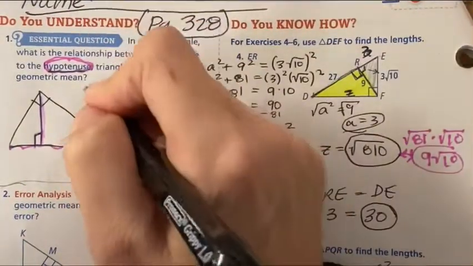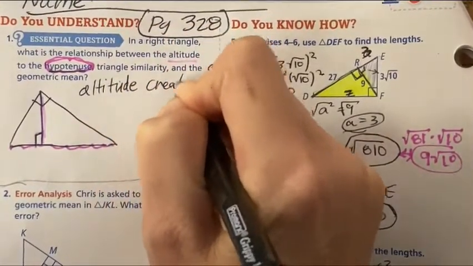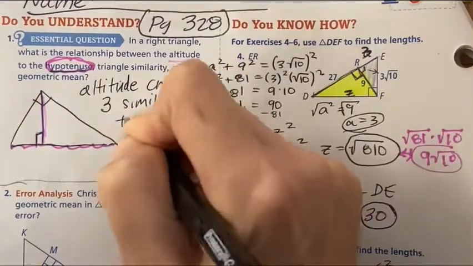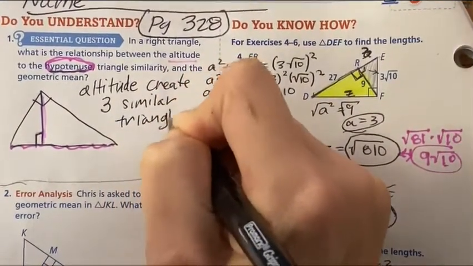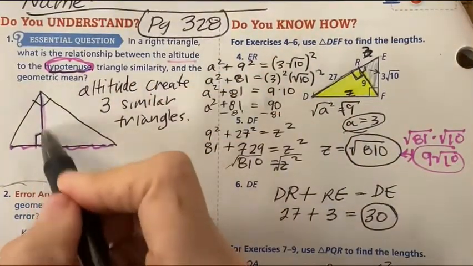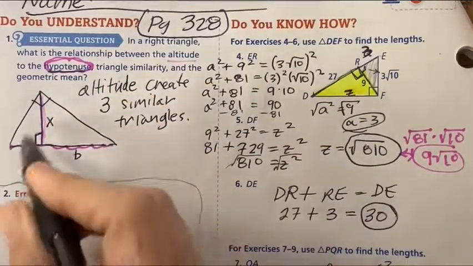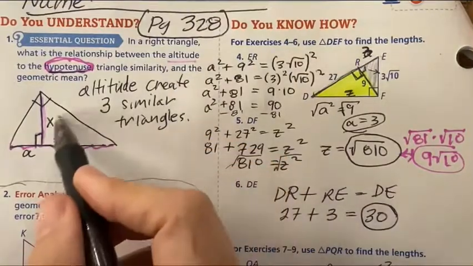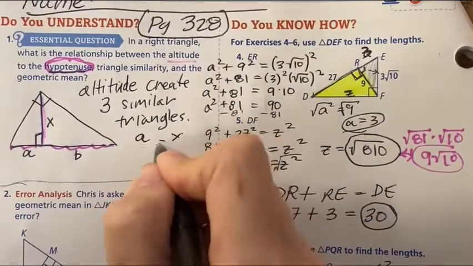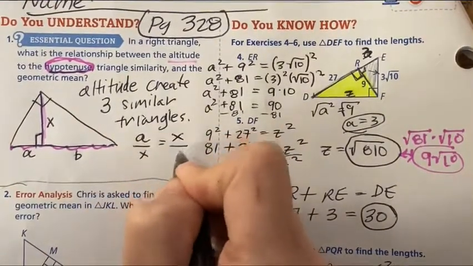We said the altitude creates 3 similar triangles. What's the relationship between the altitude, which we call x, and the 2 sides? We wrote in our notes, if we order the sides least to greatest, A and x on the baby, and x and B on the teen, we get this formula.